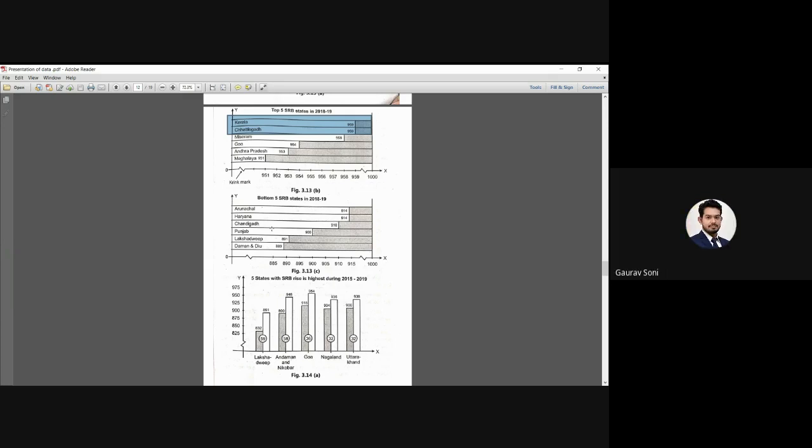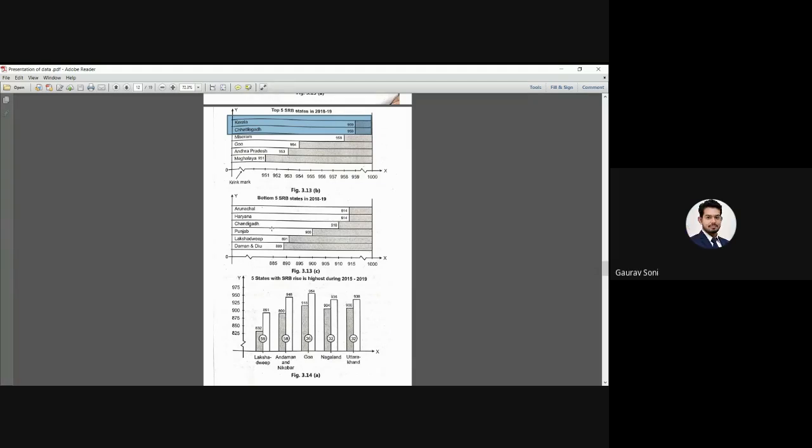Why so? It's Lakshadweep. Why so? Because, as from the graph, we can see that the comparison between the 2 years is done and the deviation is maximum in Lakshadweep.